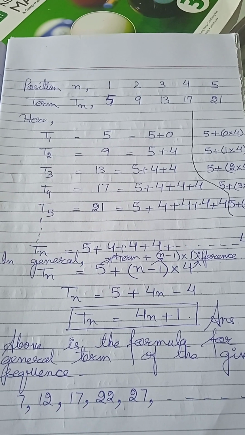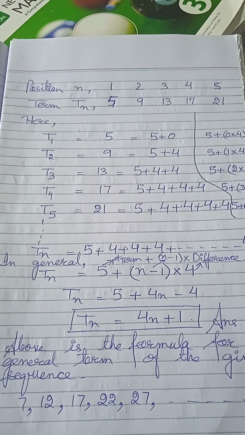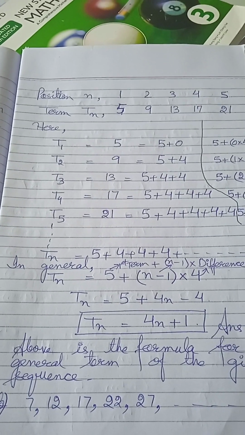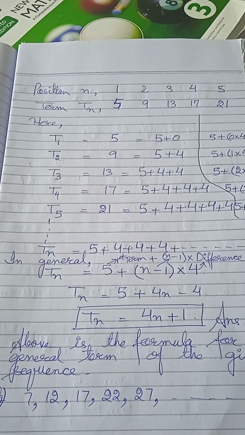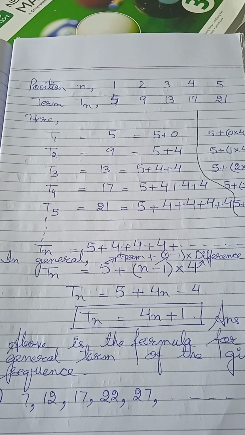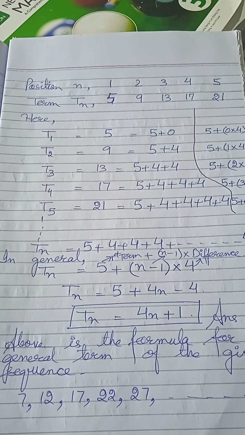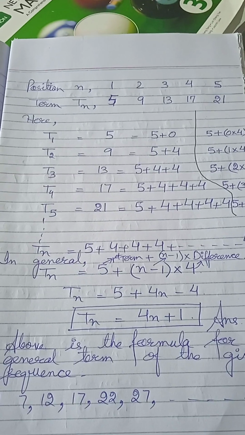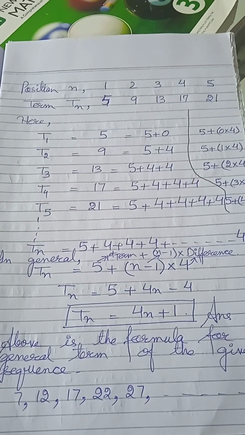In the same way, T3 is 13, and T4 is 17. I add 4 respectively. If I write it in general Tn terms, then it means the first term remains the same, that is our first term is 5, at position 1, and I add 4 to all the next terms.